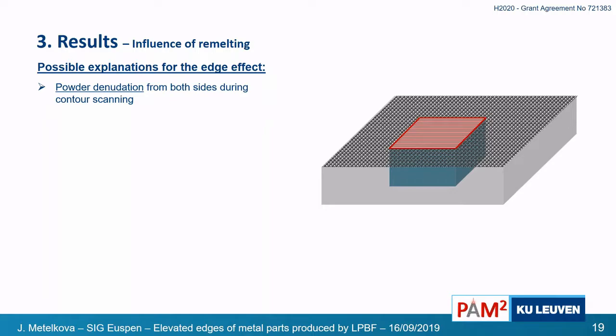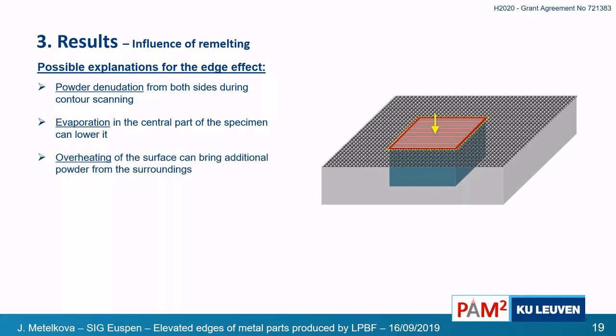So then you scan for the building, and then after building, if you do this multiple exposure, you can actually slightly overheat your surface. And by the slight overheating, it is possible there is some degree of evaporation of material, so that the surface, middle surface, can lower a little bit.